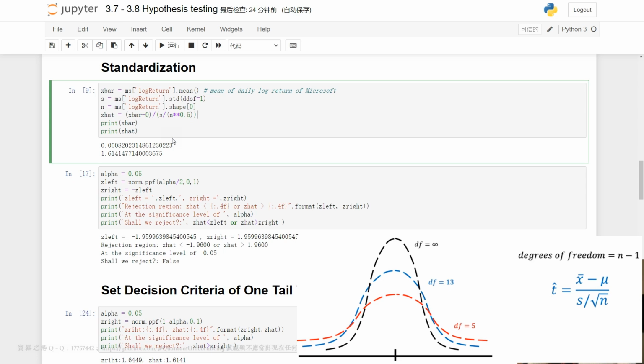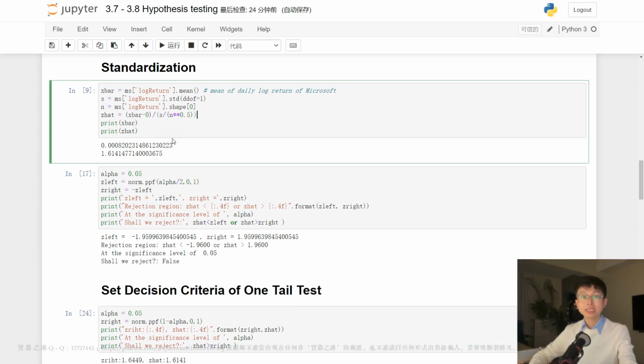The t-distribution is dependent on the degrees of freedom. In our instance, the degrees of freedom is equal to the degrees of freedom of the sample standard deviation, which is n-1. As the sample size increases, the degrees of freedom also increases, and t becomes more similar to the z-distribution.